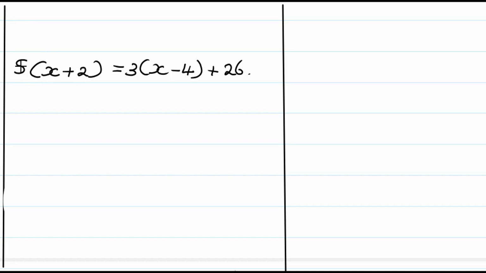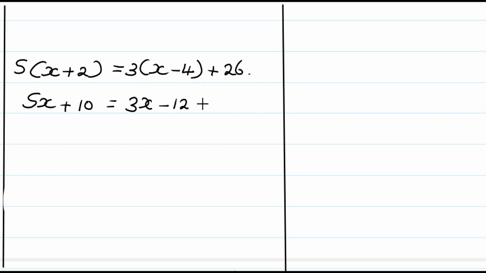So here it will be 5 multiplied by x, which is 5x, then plus 5 multiplied by 2, which is 10. We have opened the brackets on the left side, is equals to, then we'll do the same here. 3 multiplied by x, which is 3x, minus 3 multiplied by 4, which is 12.